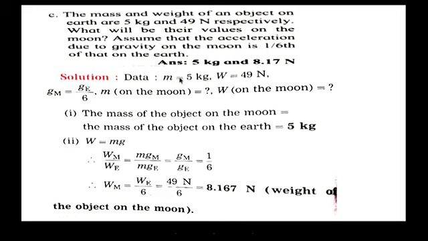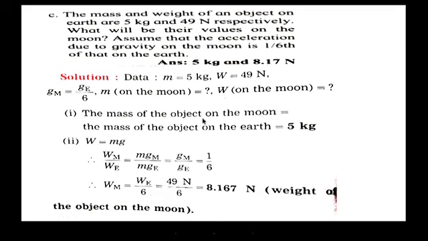Okay, so we have mass m is equal to 5 kg and weight w is equal to 49 newtons. Okay, and it is given that the acceleration due to gravity on the moon is 1/6 of the acceleration due to gravity on the earth. Okay, so we have to find the mass on the moon and weight on the moon.